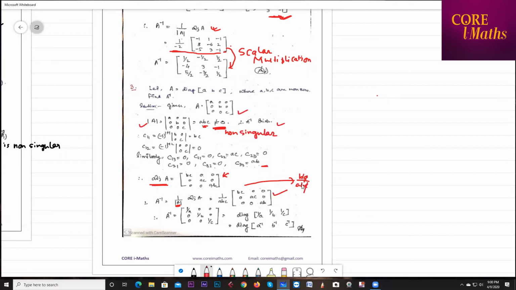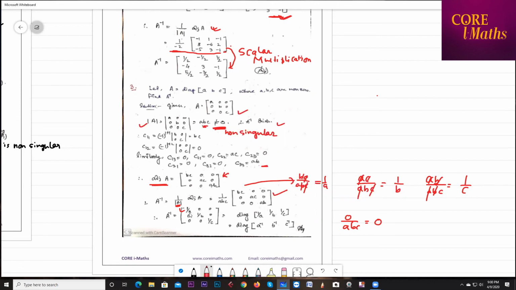BC divided by ABC: CC will be cancelled out, BB will be cancelled out, so 1 by A. Same like AC divided by ABC: CC cancelled out, AA cancelled out, it will be 1 by B. Same as AB divided by ABC: BB, AA cancelled out. So 1 by C. I have written the elements 1 by A, 1 by B, 1 by C, and we know that 0 by ABC for all the cases will be 0. So all the rest of the elements will be 0.